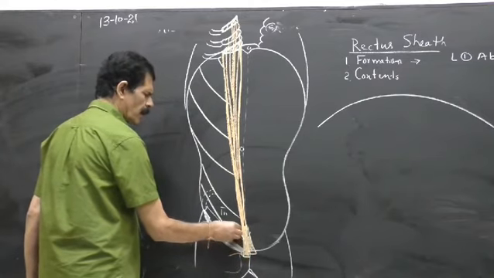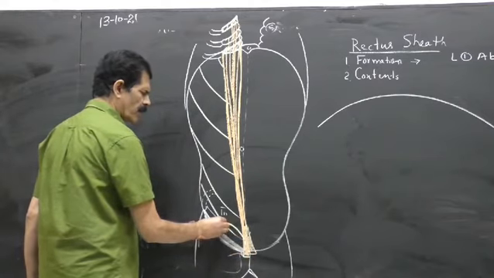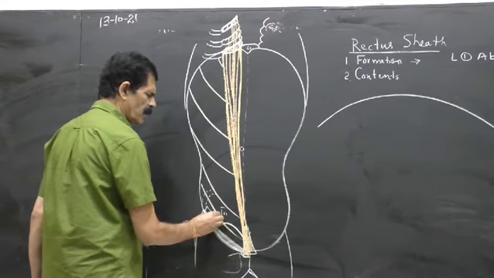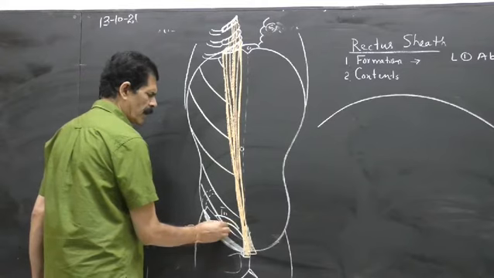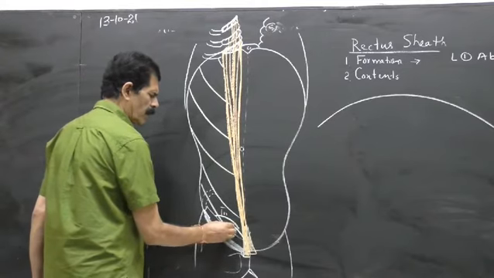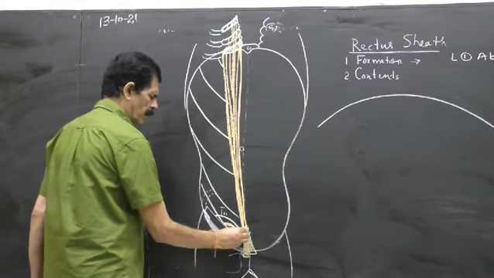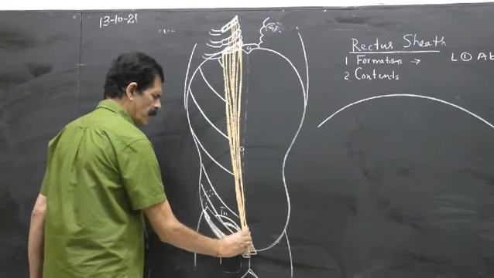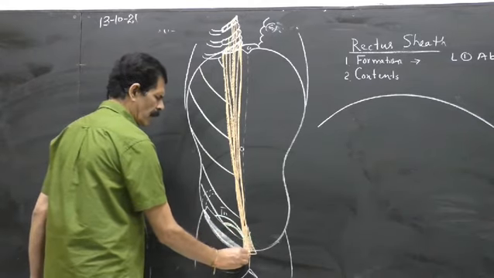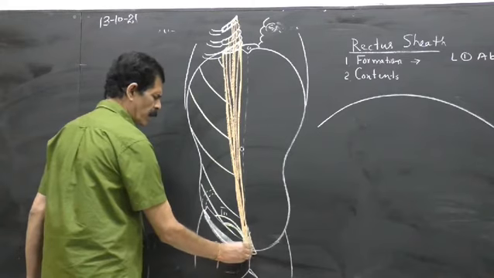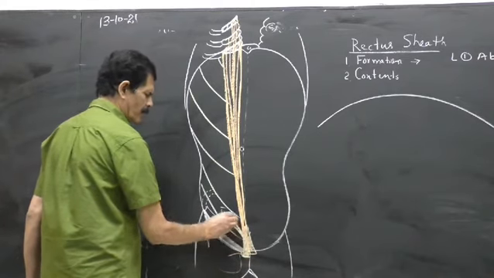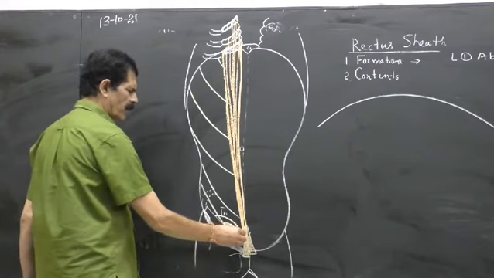This is the lowermost fibers of transverse abdominis, from the lateral 1/3 of the refracted part, and from the medial 2/3 of internal oblique. Both combined and attached to the pubic crest. So arcuate fibers are there.